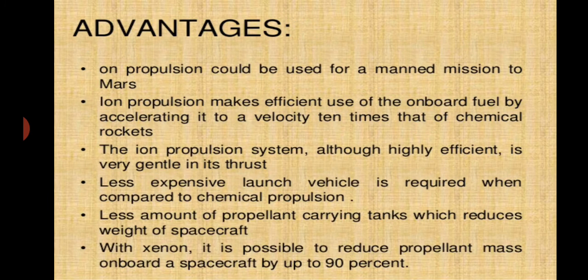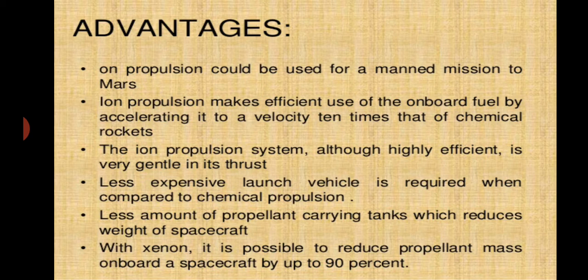So here are some advantages of the ion propulsion system. Ion propulsion could be used for a manned mission to Mars. Ion propulsion makes efficient use of the onboard fuel by accelerating it to a velocity 10 times that of chemical rockets. The ion propulsion system, although highly efficient, is very gentle in its thrust.